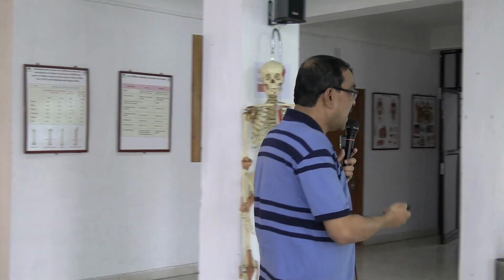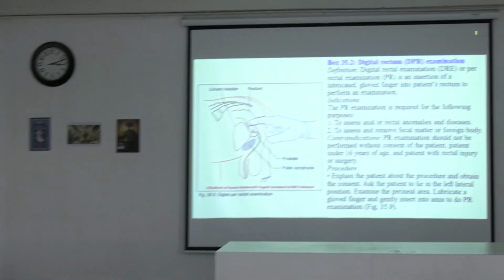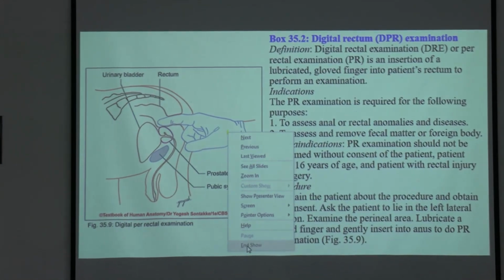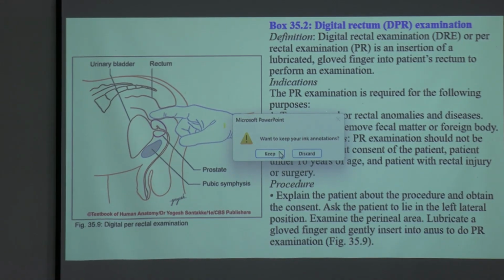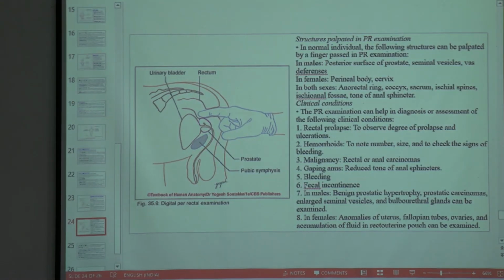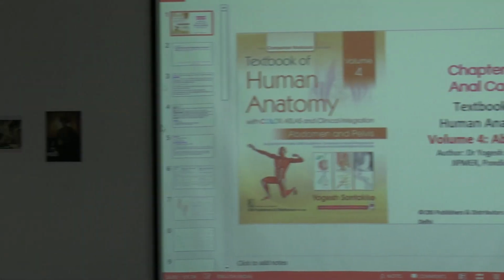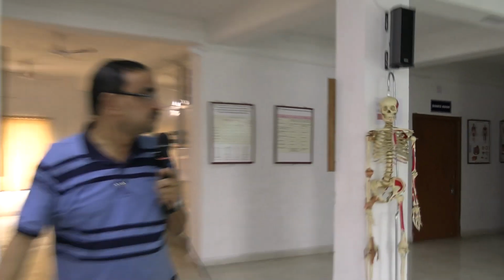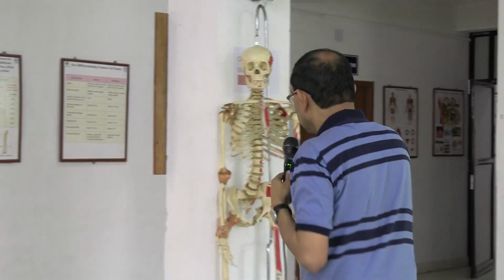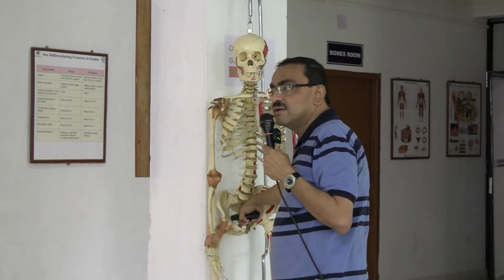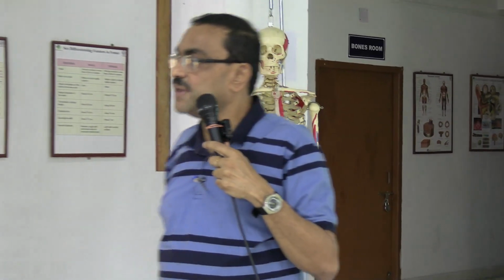Now about the anal canal. This is a per rectal examination. Anal canal has 3 parts. From where is it continued? Rectum is continued as the anal canal, from the perineal curvature, half an inch below and 1 inch in front of the tip of the coccyx.